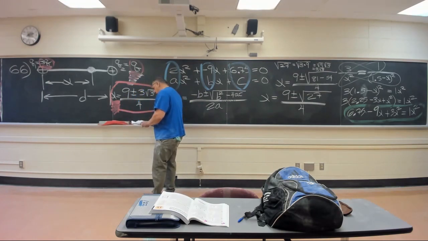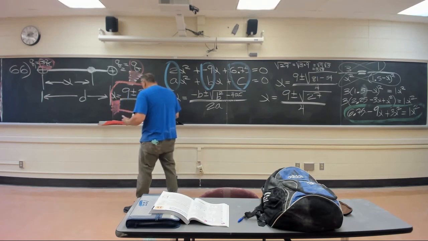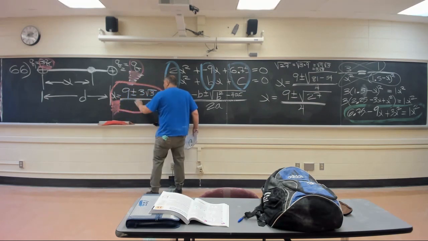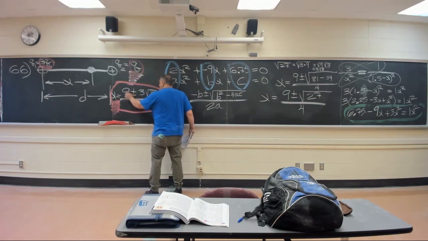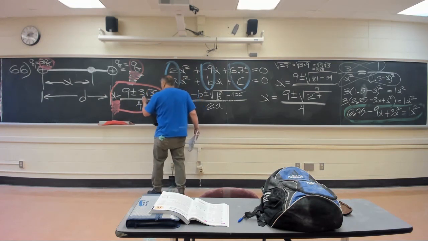The way it looks is you get both answers there. Let me just see here. One is 3.5. One of the answers, if you take this guy right here and go 9 plus 3 times the square root of 3, this is like 5.1.